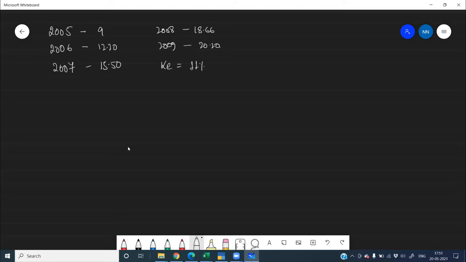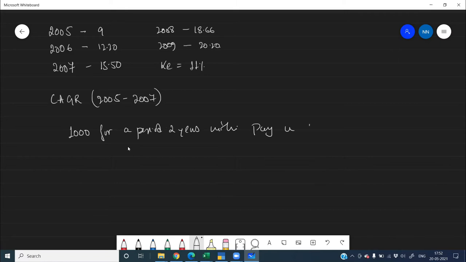Okay. तो हमें निकालना है CAGR from 2005 to 2007. एक बात बताइए, if I tell you that you are supposed to invest in a fixed deposit of ₹1000 for a period of 2 years, which will pay you 1210 at end of second year.